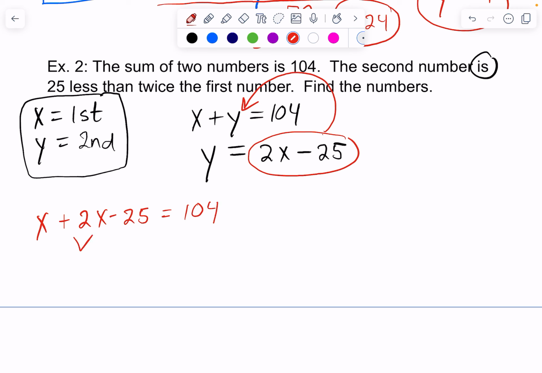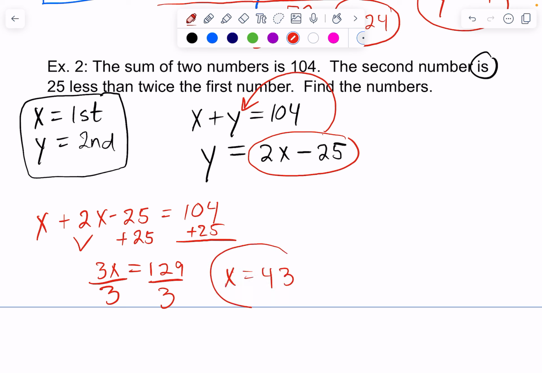And then I'm going to have here 3x. I'm going to add my 25 to both sides. Then I'm going to divide that by 3. And 129 divided by 3 is 43. So that's my x.